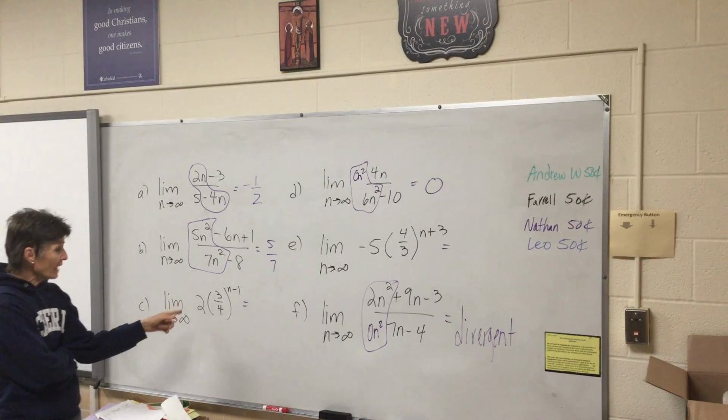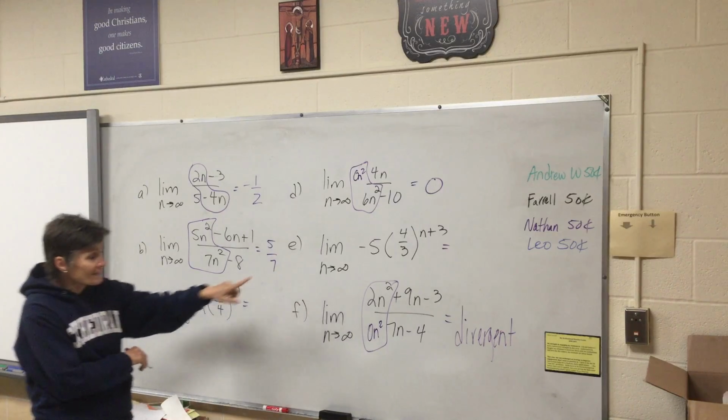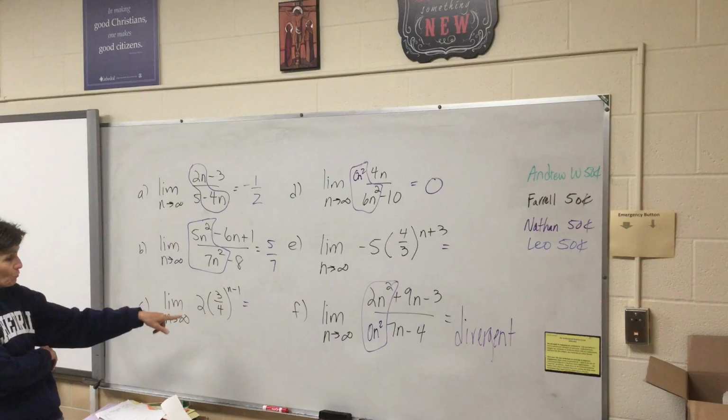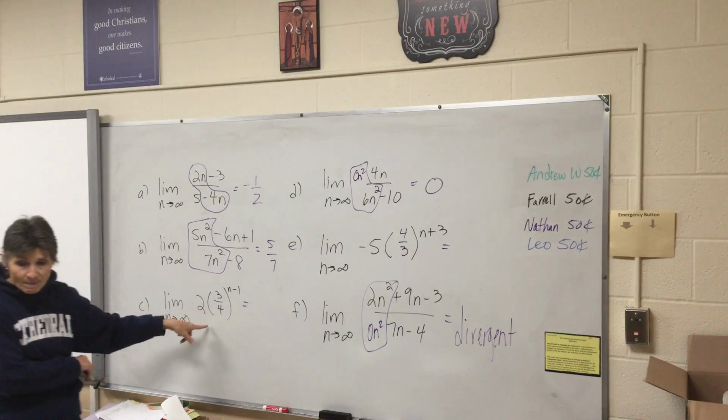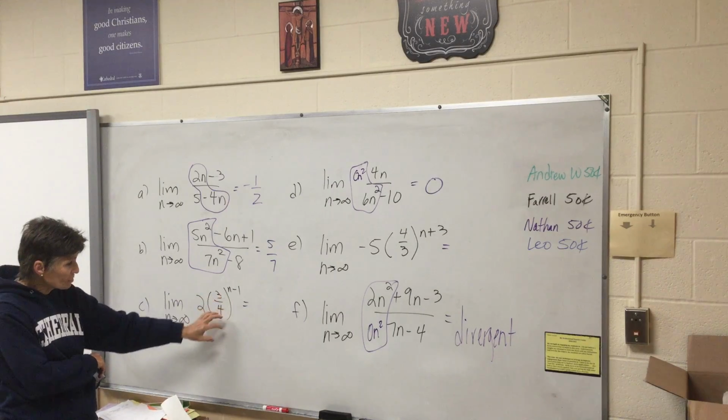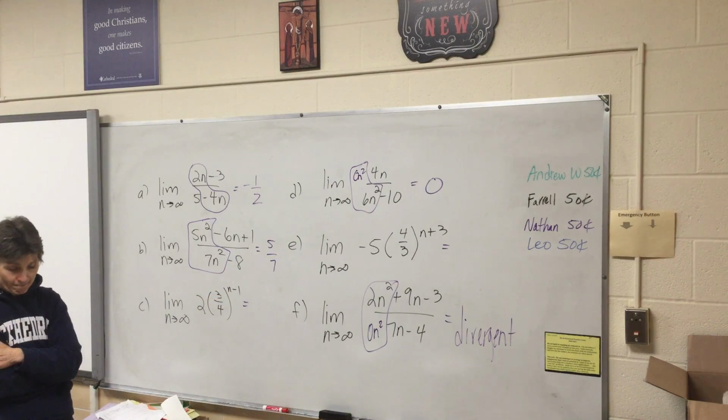All right, what about these last two? Now, they're a little bit different. They're not built that way. But I gave you rules about these. Who remembers the rules about exponentials when we're raising something to a power? What's the key?